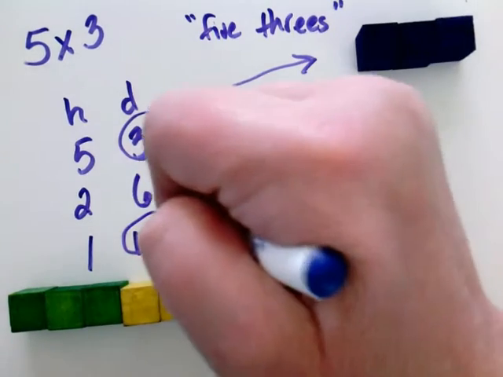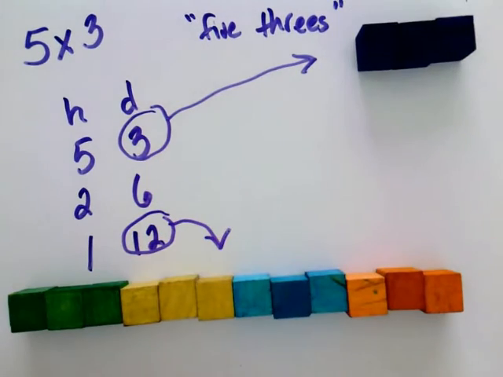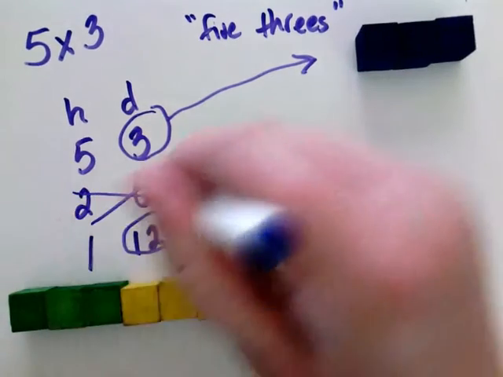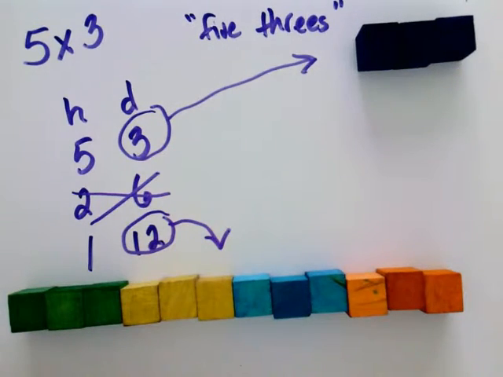So we add the 12 blocks plus the 3 blocks that we set aside, and we ignore the 2 and the 6 because we regrouped the 2 groups of 6 to give us the one group of 12. So you can see it's those numbers opposite the odd numbers, opposite the 5 and opposite the 1, that give us our group of 3 blocks and our group of 12 blocks for 15 blocks in all.